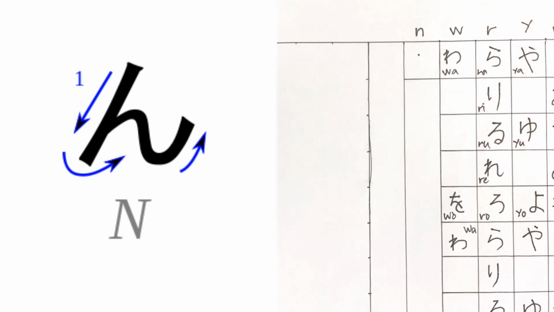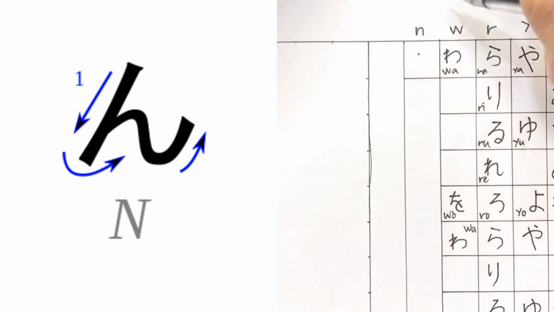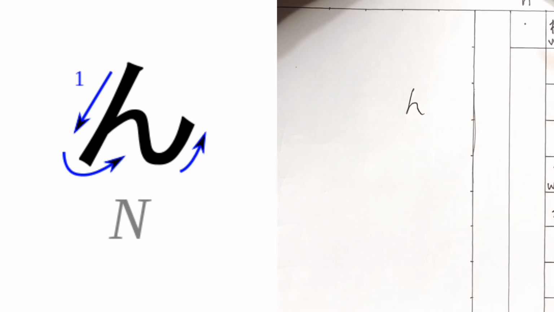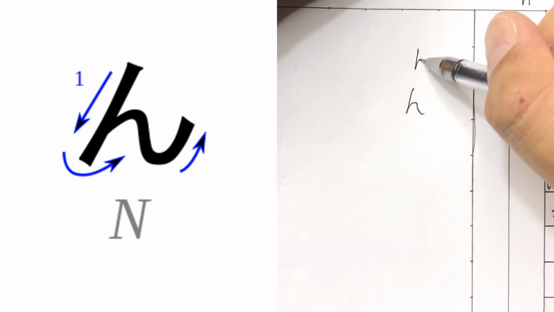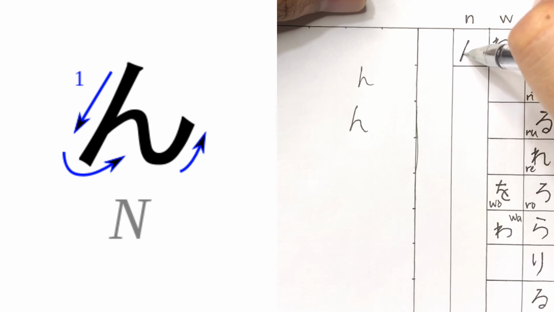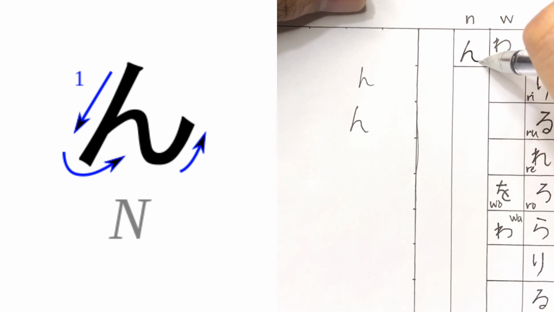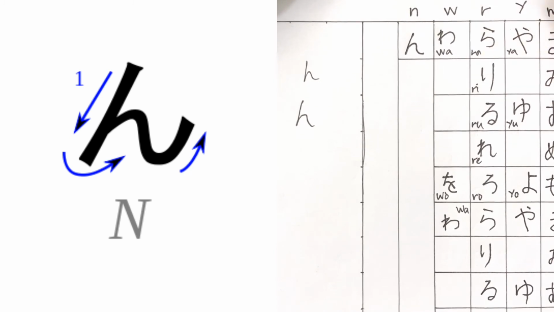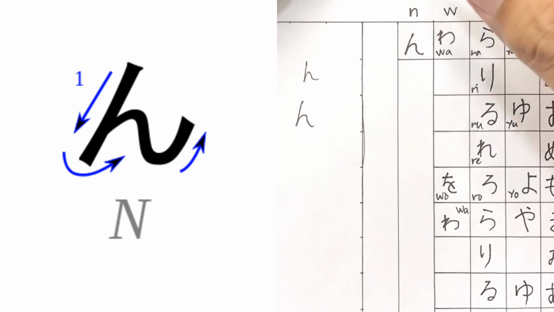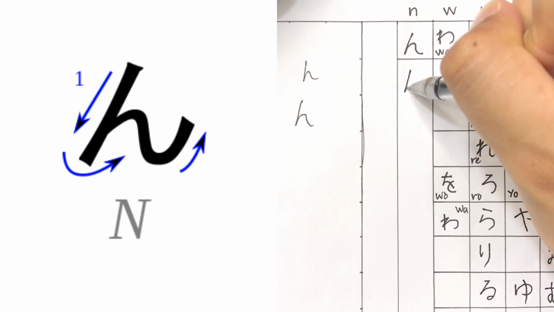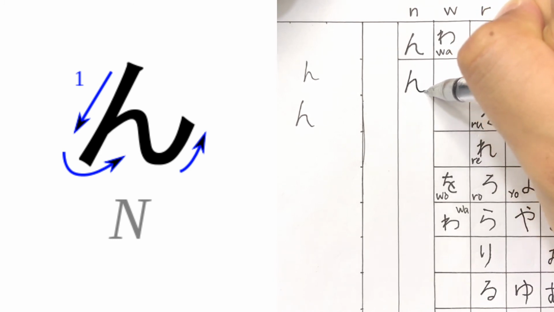So we write the character n just like writing a h. Okay, so 1, then go back, turn, we have n. Let's write it again. 1, go back, turn, n.